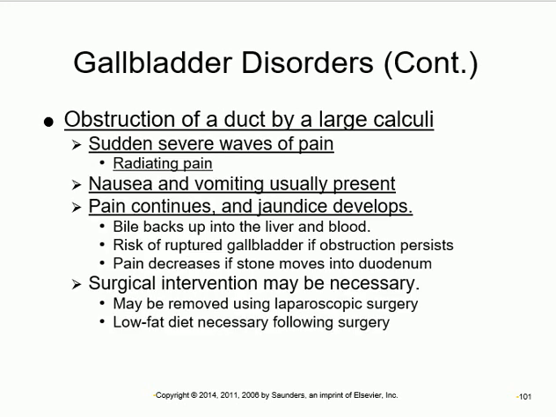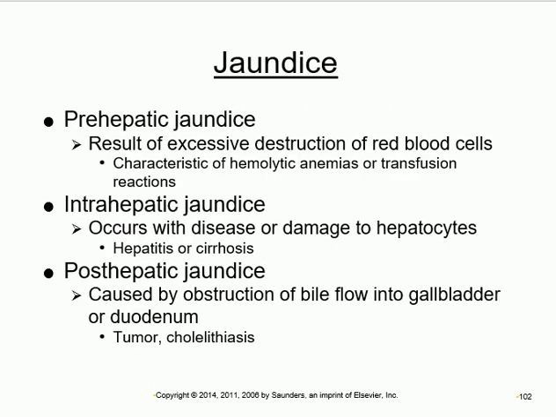If this is a large stone or calculus, it can actually close the ducts, and this will cause nausea, vomiting, and pain. And it can be followed by jaundice, which is yellowish discoloration of the skin and mucous membrane.